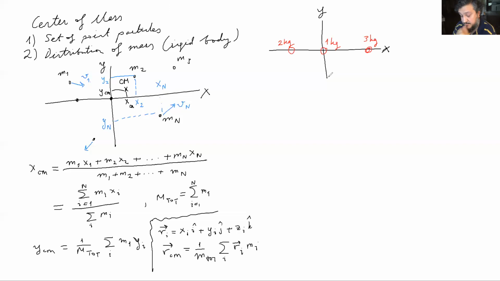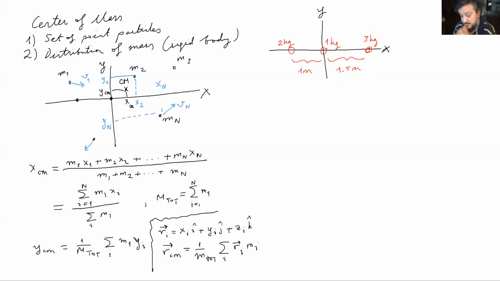And the distances are 1 meter here, and this is 1.5 meters. Now, if this thing on the right was 2 kilograms, and if this was 1 meter, you don't even need to do any calculation. You would say, okay, in the middle at the origin, you would have a center of mass, but now you expect that center of mass to shift a little to the right. But where exactly? That's the question.